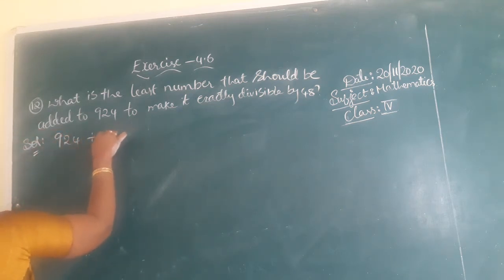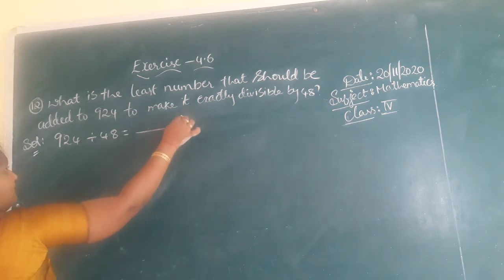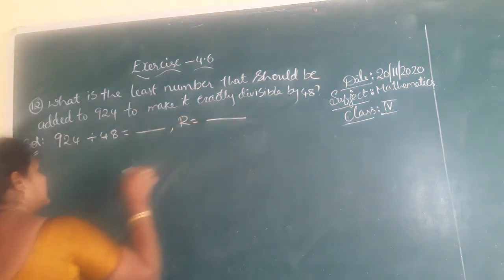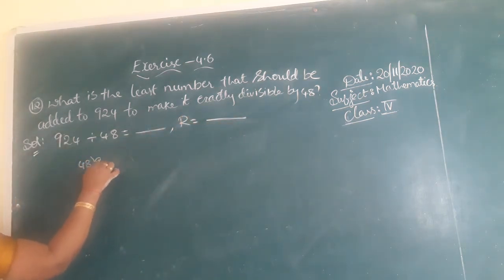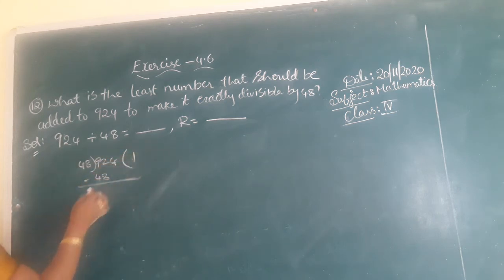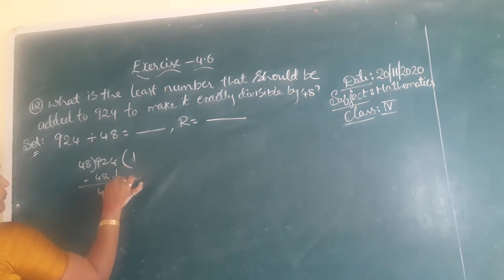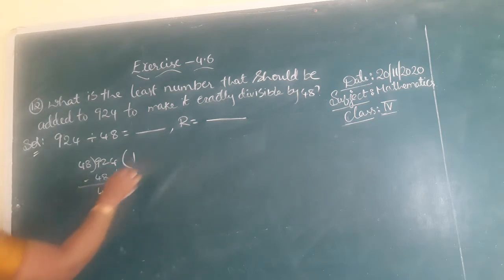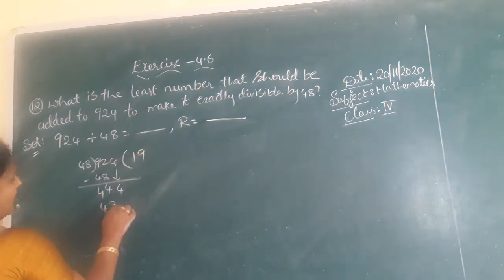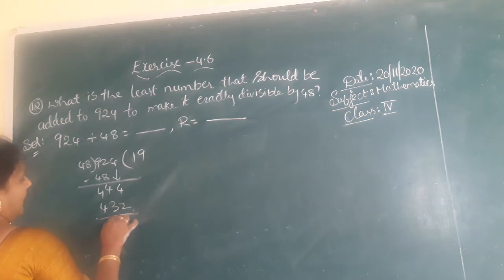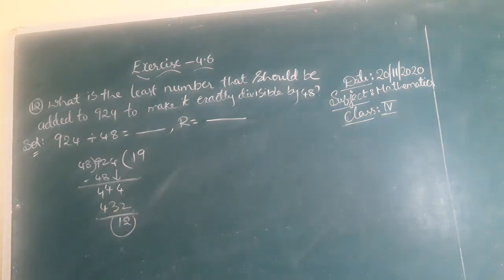924 by 48, same number, same as before. Okay, see, 48 divides 924, 1 time 48, remainder 44, drop down 4, 48 nines are 432, same sum we did before also. Remainder 12.